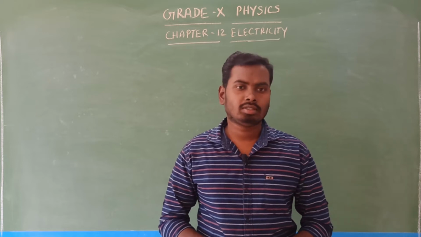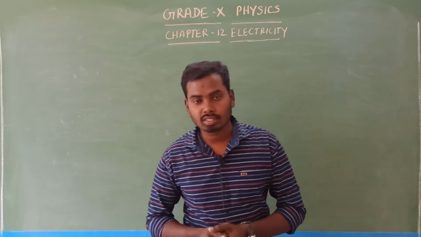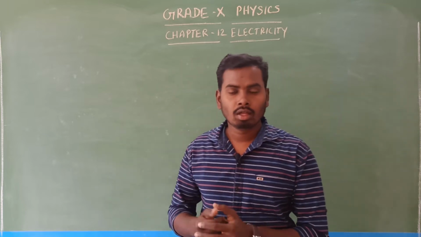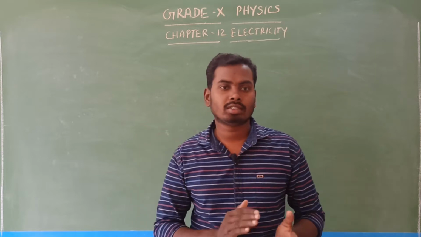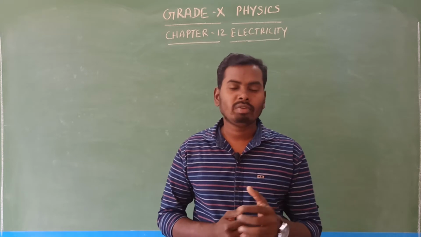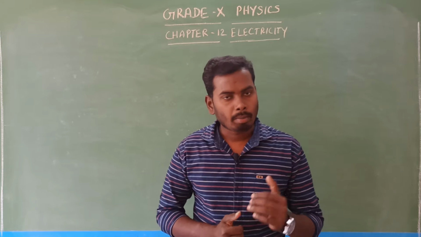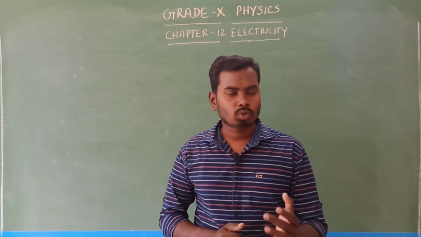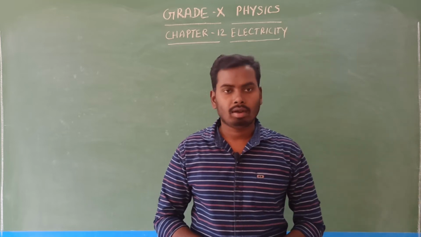The reciprocal of the total resistance of a number of resistances connected in parallel is equal to the sum of the reciprocals of the individual resistances. For example, 1 by Rp, which means resistors in parallel, equals 1 by R1 plus 1 by R2 plus 1 by R3 and so on, based on the number of resistors connected in parallel.